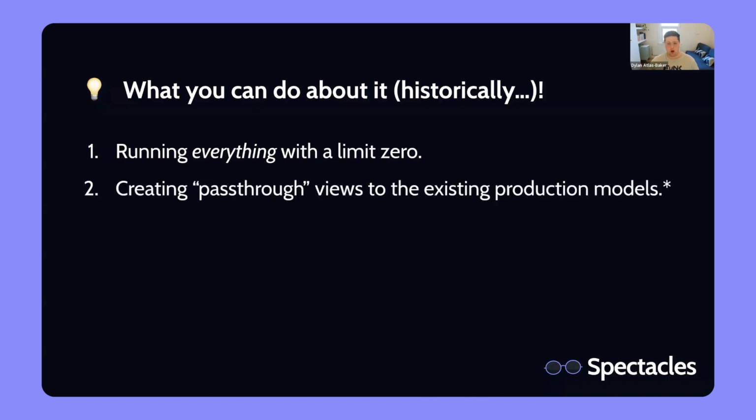Which brings us to two other options, which is what we've seen lots of people do historically. The first is that for every model in your dbt project, you first create a view to your production models. You find the graph in dbt, and for every model that exists, you basically do a select star from the production version of this model. That creates a production-like environment in your CI schema.